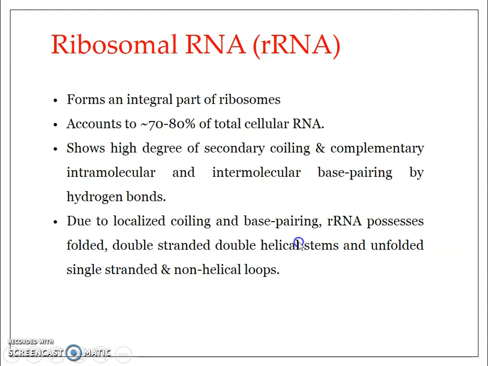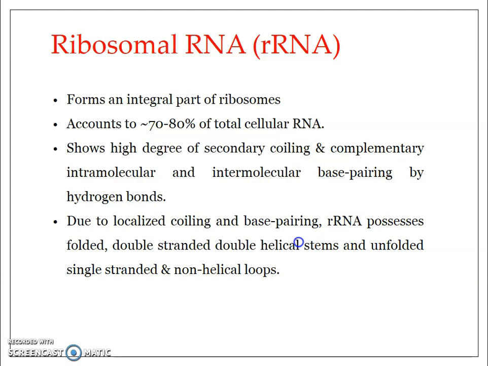Okay, complementary sequences which are found within the rRNA strand bring about the localized coiling and base pairing. We can see that the rRNA is a ribonucleic acid which contains ribose as the pentose sugar, right? So the hydroxyl group on the 2' carbon of the ribose sugar in RNA prevents the formation of a stable double helix.